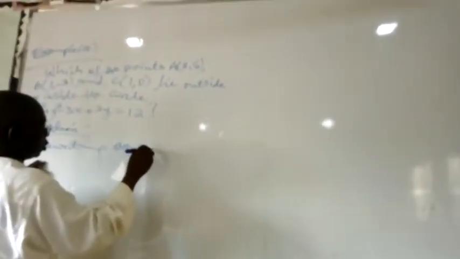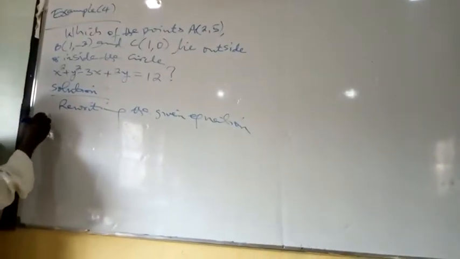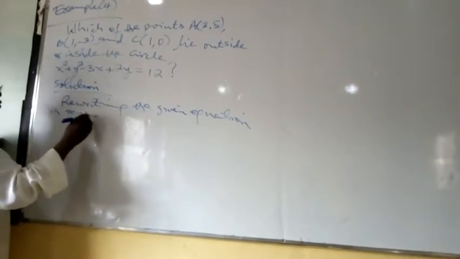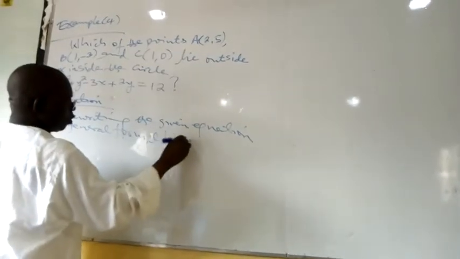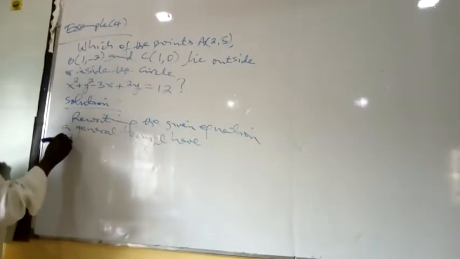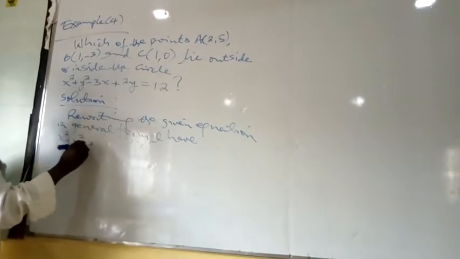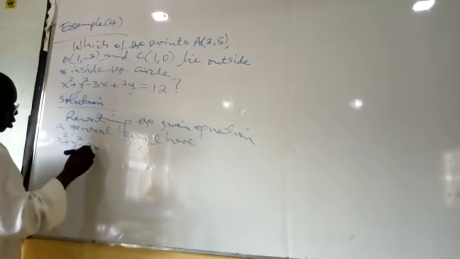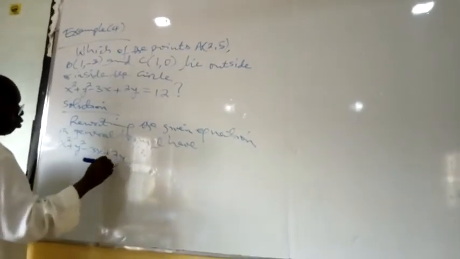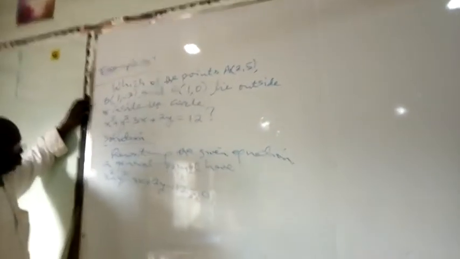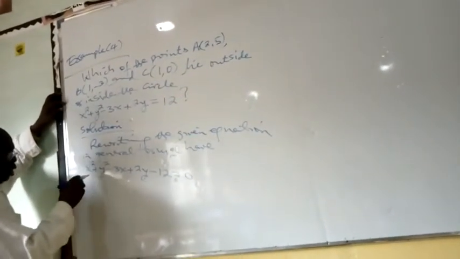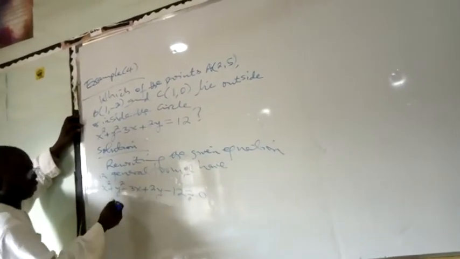Rewriting the given equation in general form, I have x² + y² - 3x + 2y - 12 = 0. So this is the equation in general form.